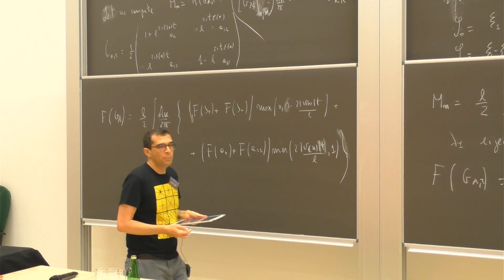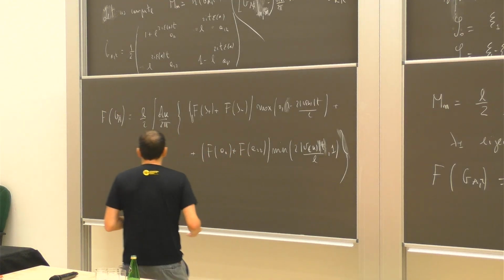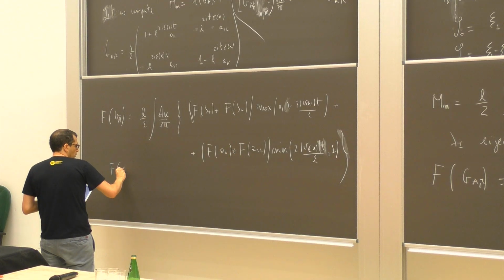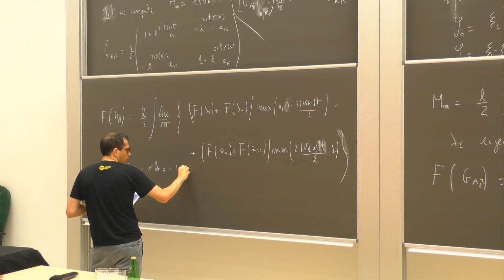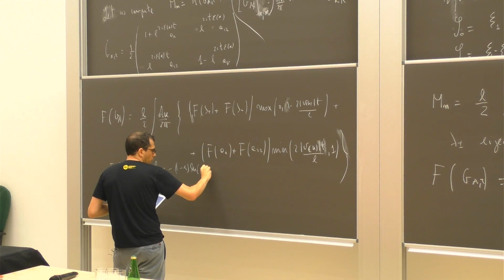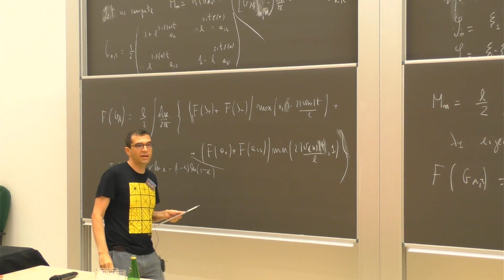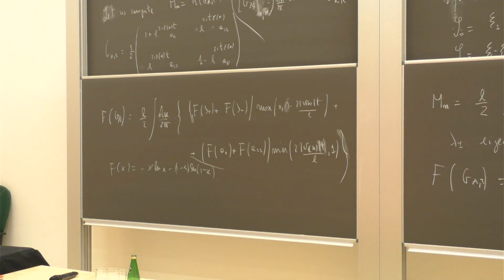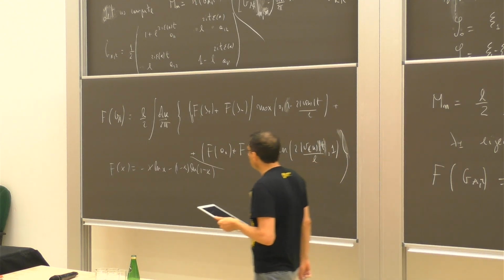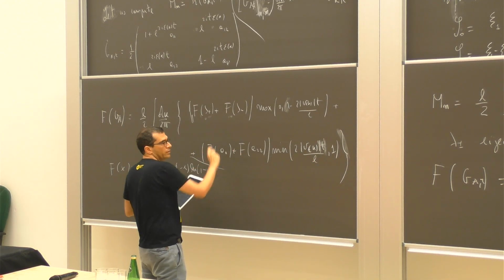Now we can compute the von Neumann entropy. What is the von Neumann entropy? You have to choose this function f, and this amounts to the von Neumann entropy. Now what happens? So what is this object?